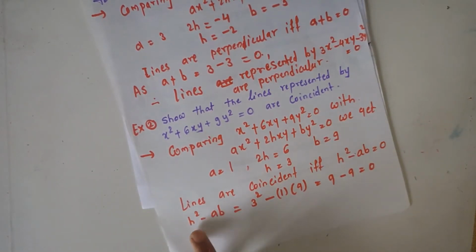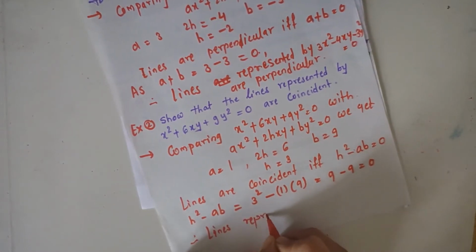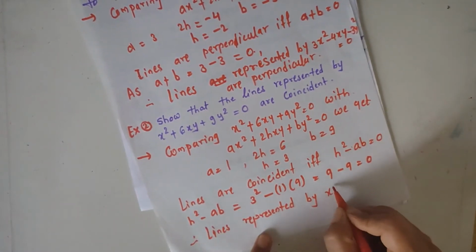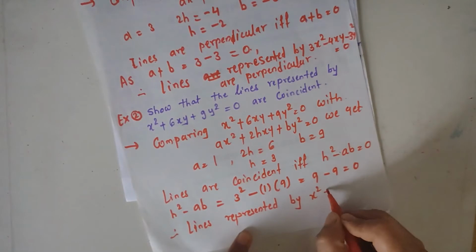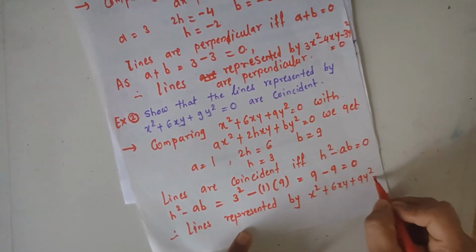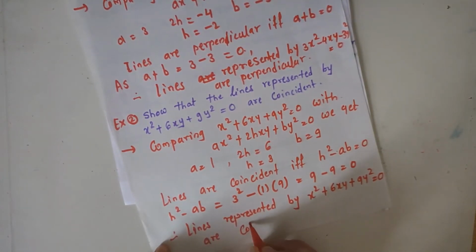Using the condition h square minus ab, we get 0. Therefore, we can say that the lines represented by the given equation x square plus 6xy plus 9y square is equal to 0 are coincident.